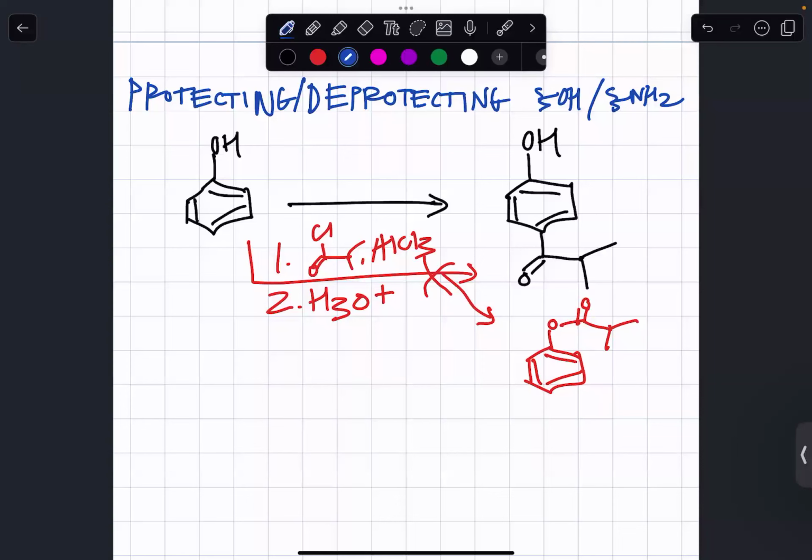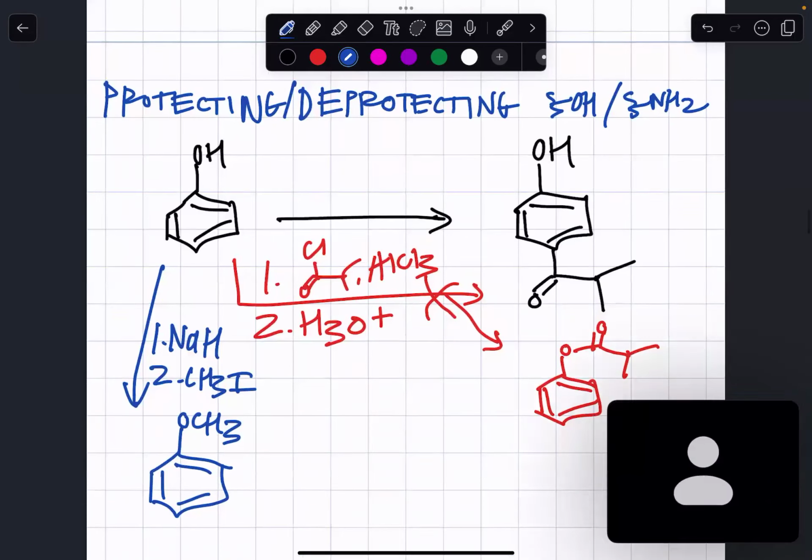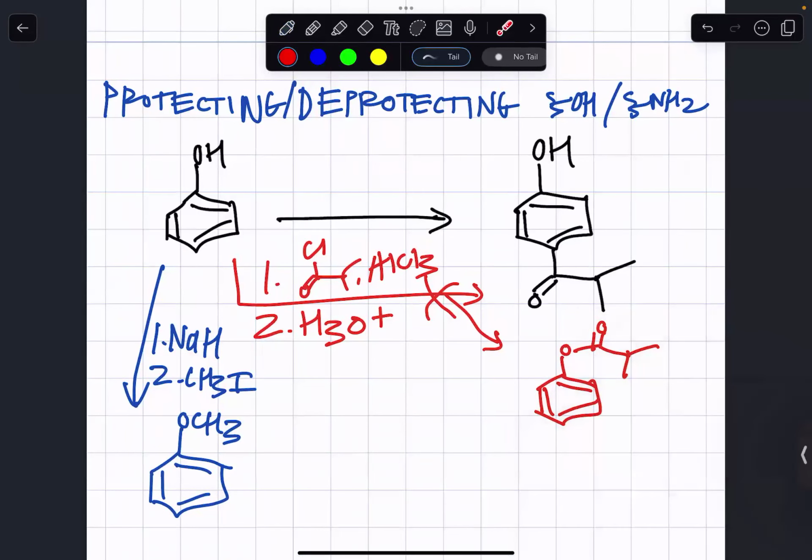So what we could do is do Williamson ether synthesis to convert the alcohol into an ether here. The OH will become OCH3, right? What do you guys think is going to happen between the OH and the NaH here? What's going to happen between them?